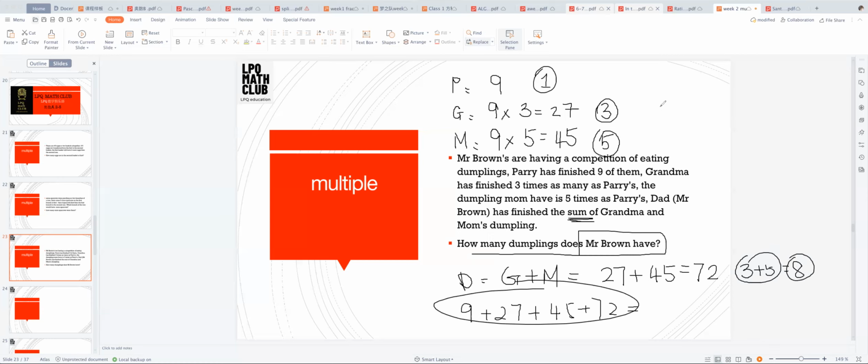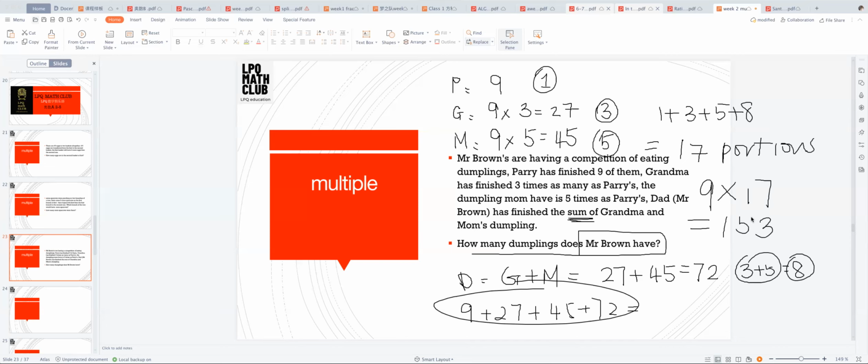So I can just add their portions together: 1 plus 3 plus 5 plus 8 equals 17 portions. Okay, and 1 portion equals 9, so all we need to do is 9 times 17, which equals 153. Oh my, 153 dumplings.